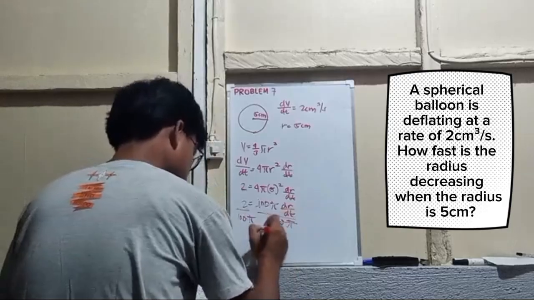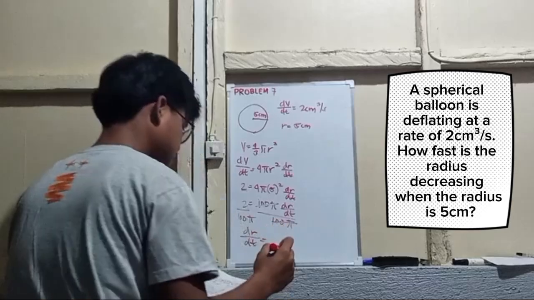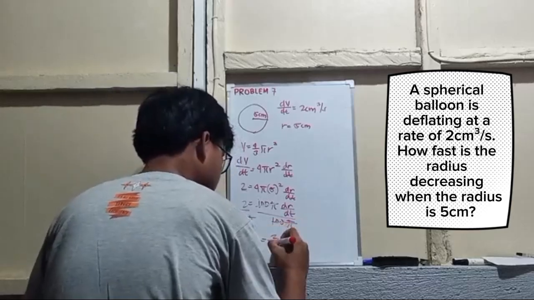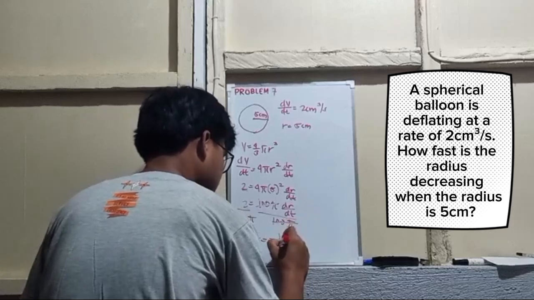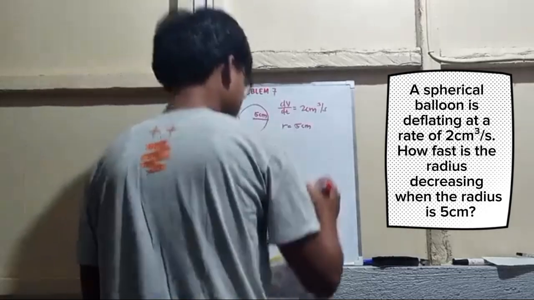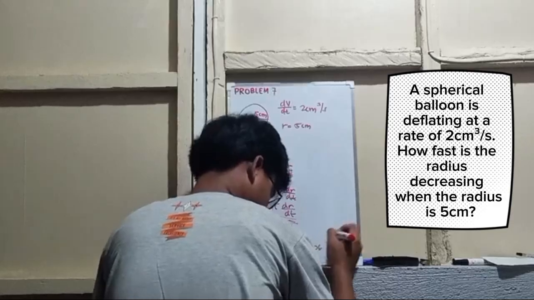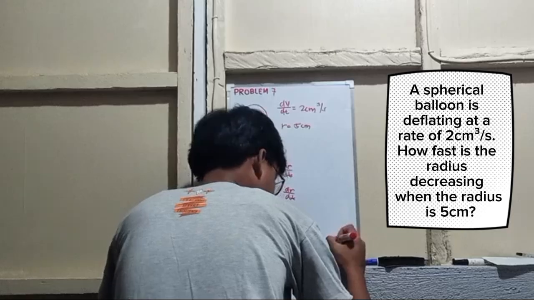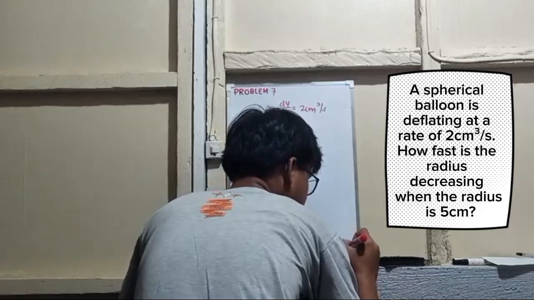So we have the value of 2 over 100 pi, which simplifies to 1 over 50 pi, and the value of this is equal to 0.0637 centimeters per second.